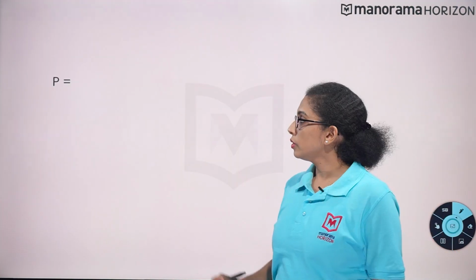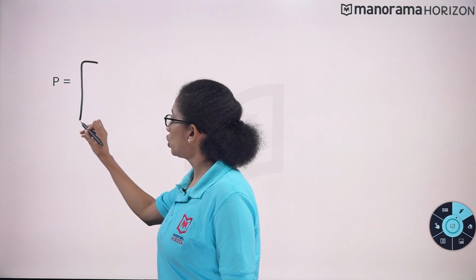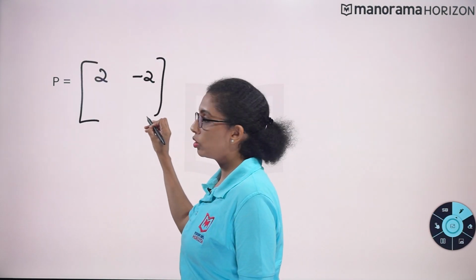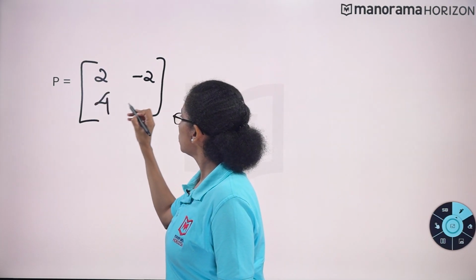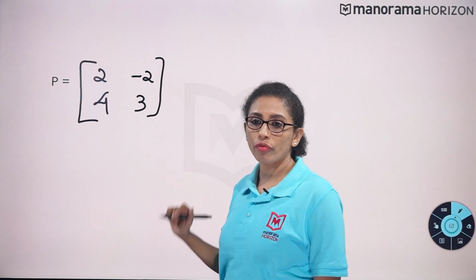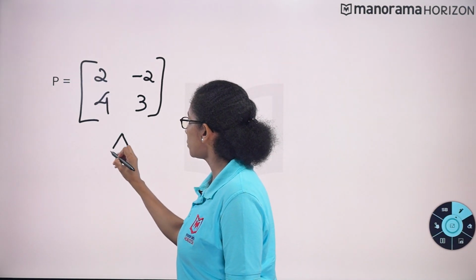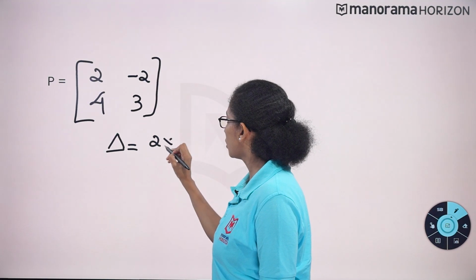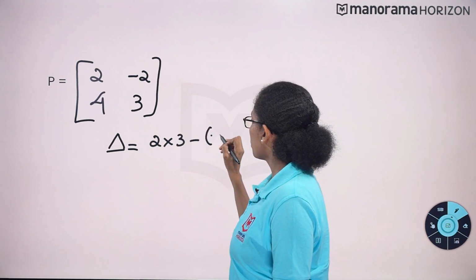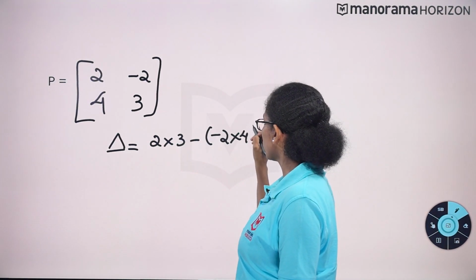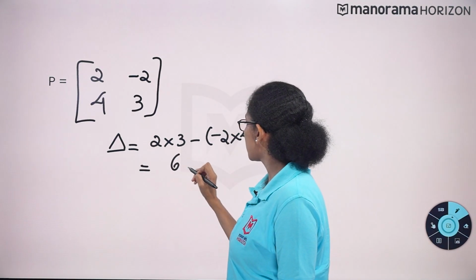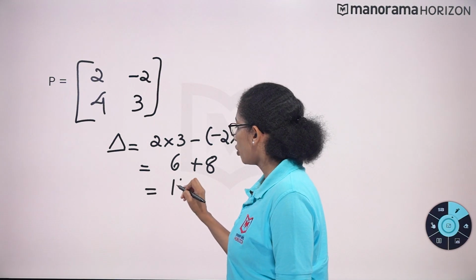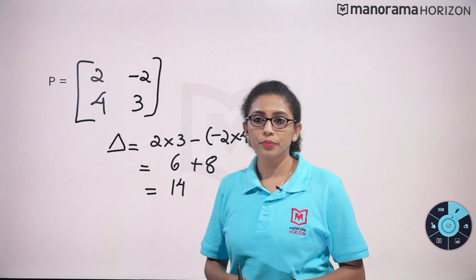Let's see one problem. Given matrix P is equal to 2, minus 2, 4, 3. First we need to find the determinant. What is the determinant? Determinant of P is equal to 2 into 3 minus minus 2 into 4. We get it as 6 plus 8, which is equal to 14. Alright.